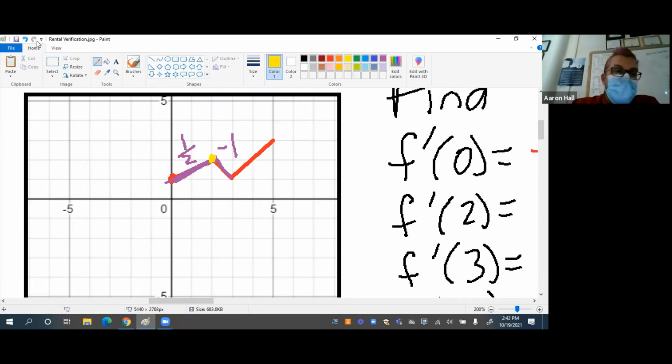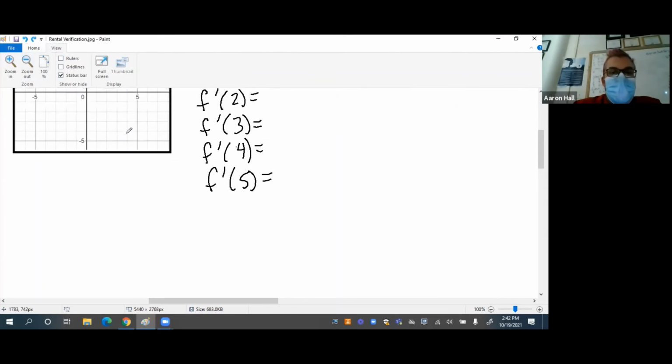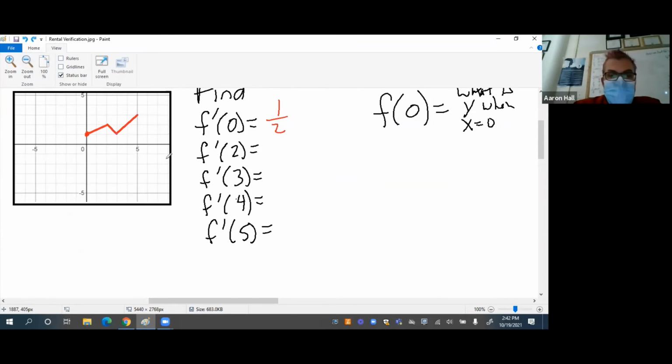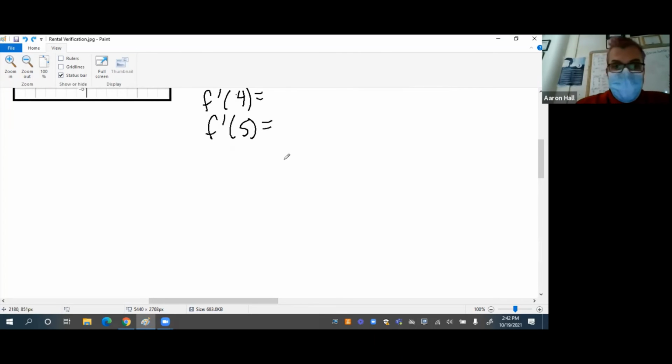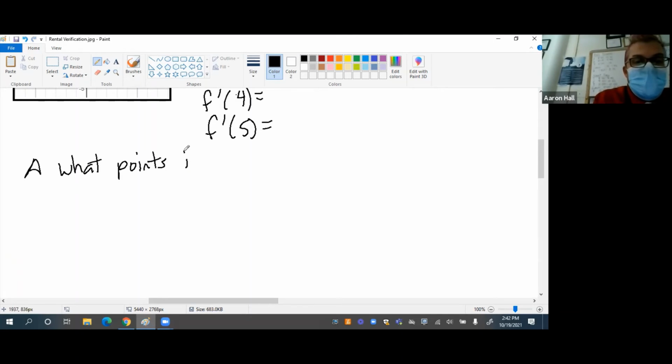So in fact, this is sort of important. We'll have to come back to this later. I really want to define where a function is not differentiable. Let's just go out a little bit. I want to define at what points a graph is not differentiable.